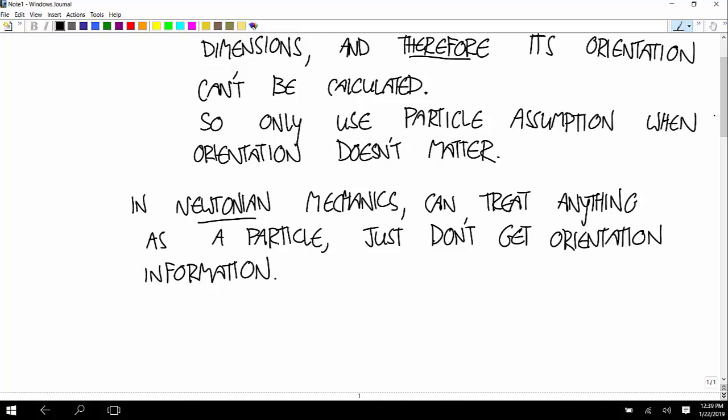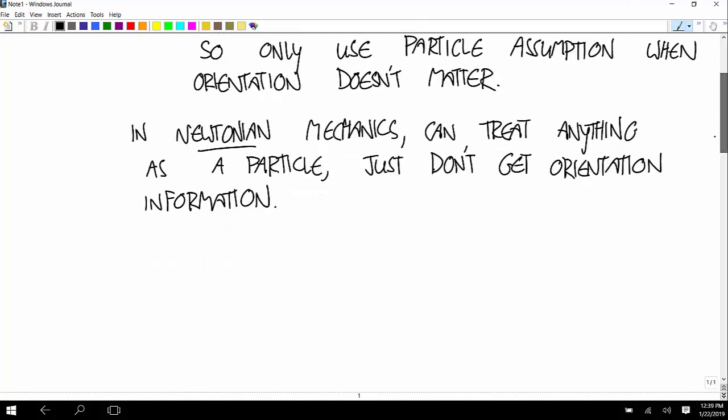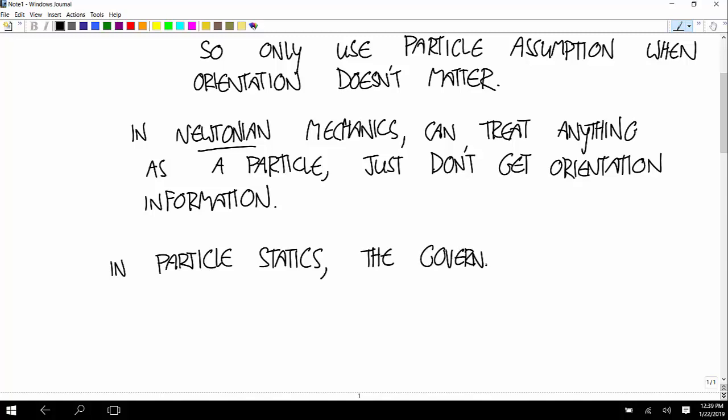In particle statics, since we don't care about orientation, the governing equation is Newton's second law, which I always abbreviate N2L.